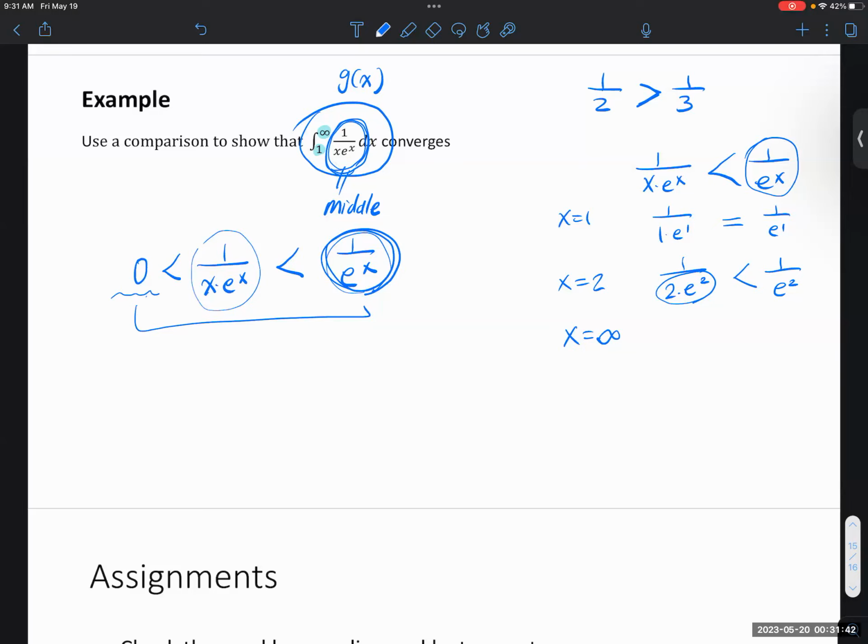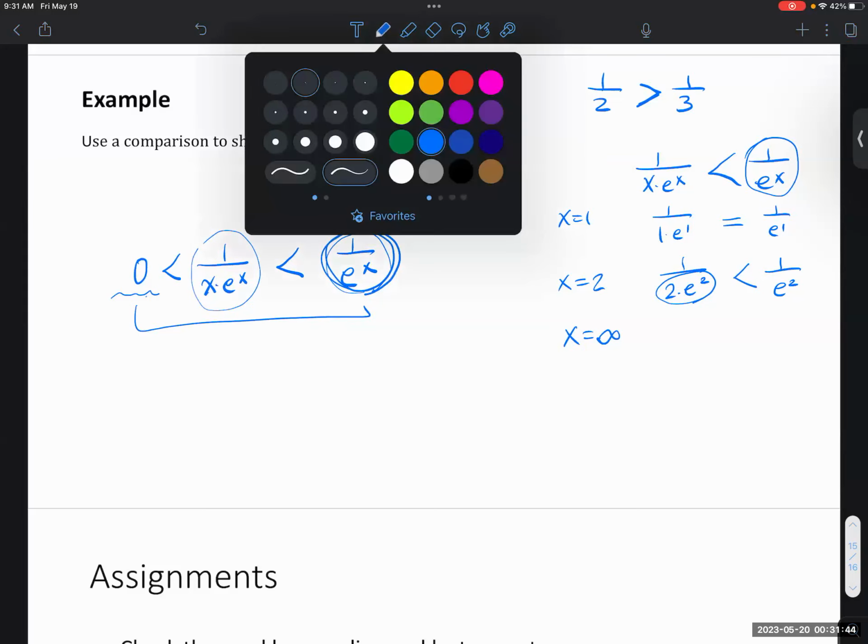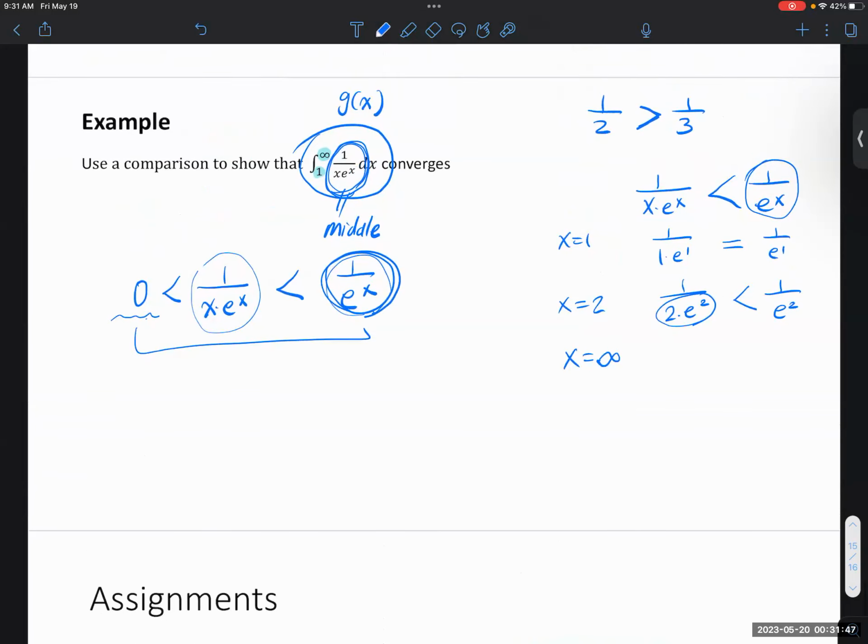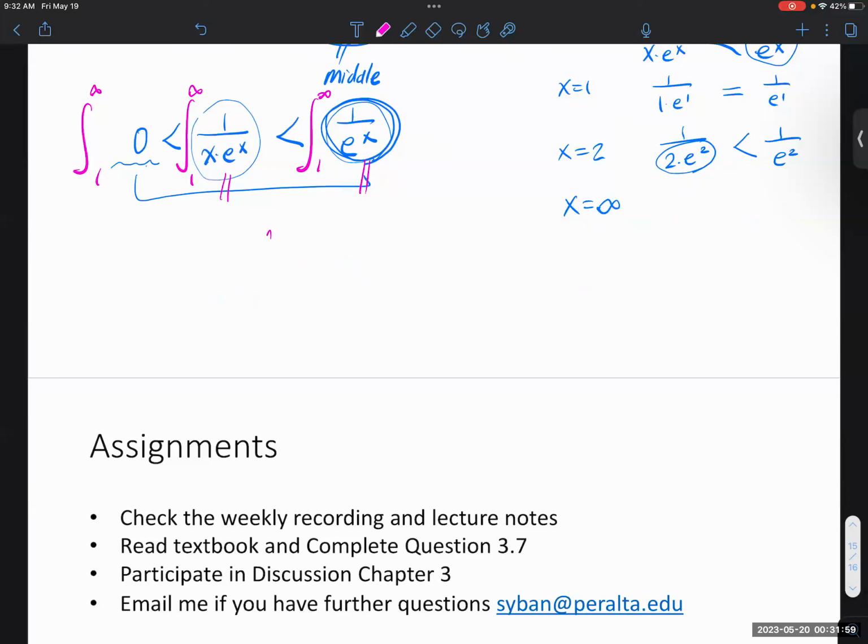So we are going to check where they're heading from 1 to infinity. Because this one is complicated, I'm gonna work on the simpler one. So we are going from 1 to infinity of 1 over e to the x.